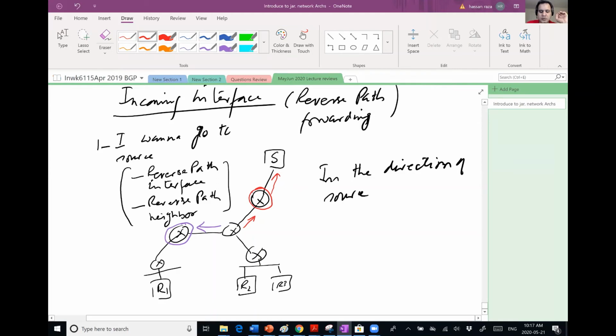So now I have two interfaces to choose from on this router. I will choose the red interface.